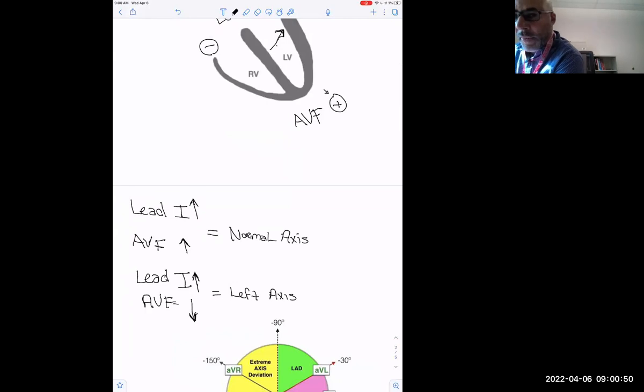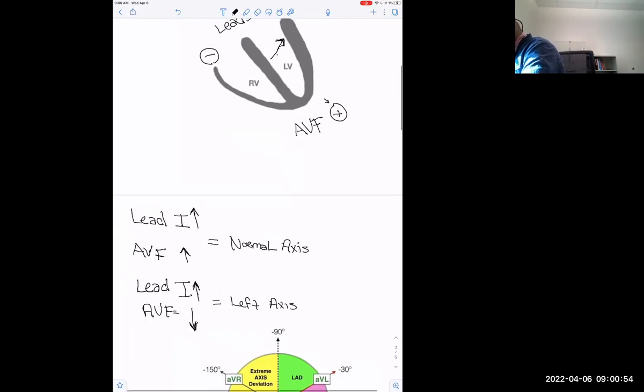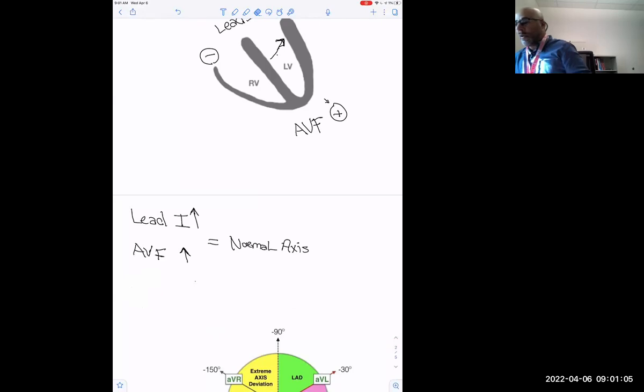And finally, since this is recorded, I'm going to go ahead and erase so I don't run into my next picture here. Let's erase this, remembering that this is left axis. What we have left is right axis deviation, or a right axis.